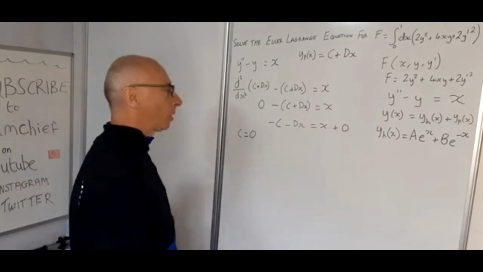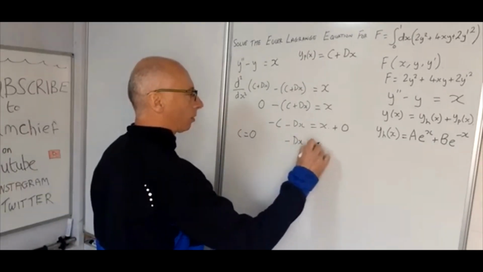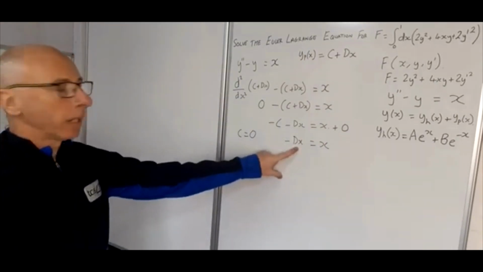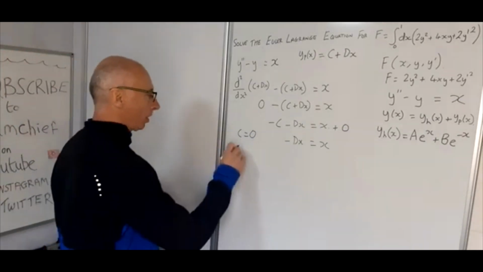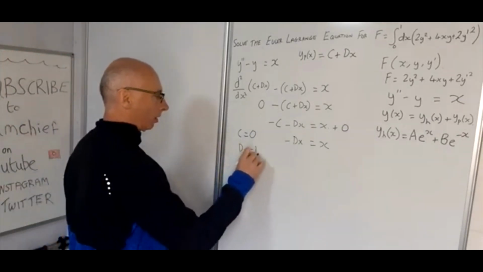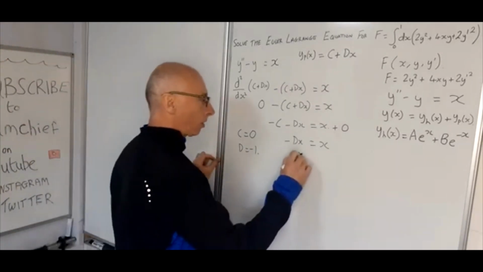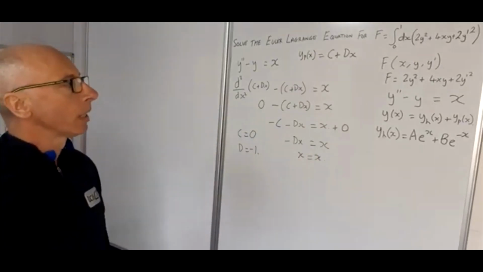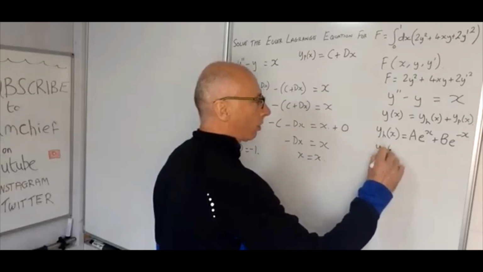So that's straightforward. So now we're left with minus dx equals x. Now what does d have to be? So this side equals x. Well, d has to be minus 1. So that's our thing here. So then that just leaves us with x equals x, which is what we want. That's obviously true.